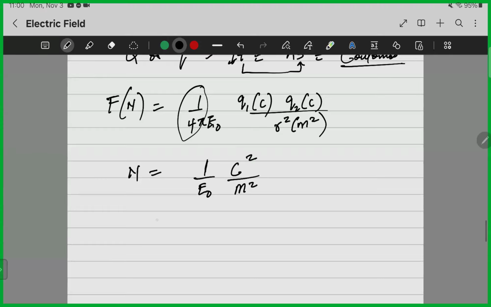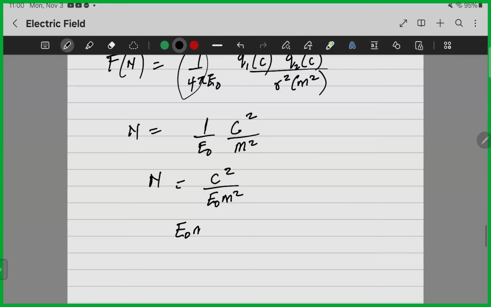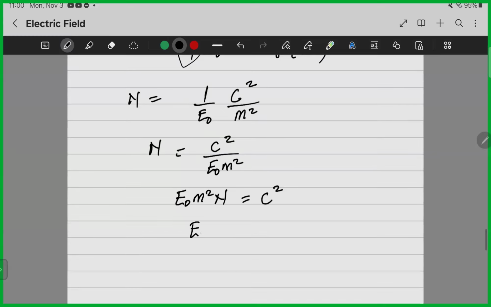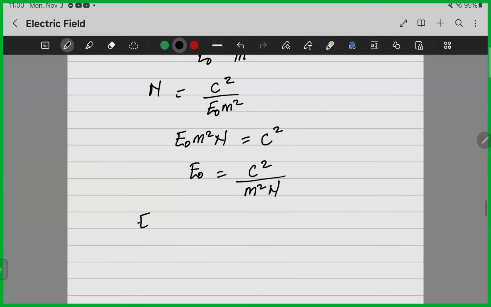If we cross multiply, we have E naught M square Newton equals coulomb square. So the unit of E naught is coulomb square divided by meter square Newton. So we can say E naught is 8.85 times 10 to the power of minus 12 coulomb square per meter square per Newton.